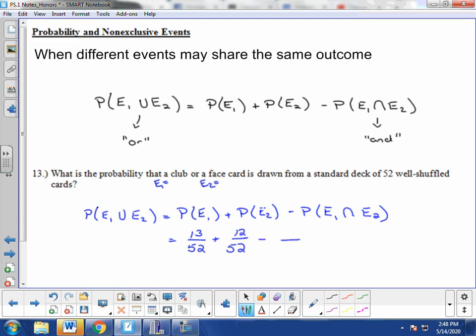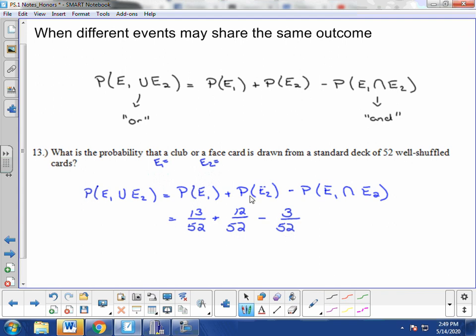Now, we do have to subtract the probability that this is a face card and a club. So how many face cards are clubs? Well, there's a jack of clubs, a king of clubs, and a queen of clubs. There are 3 that are both of these. So to find the true probability that we're going to have a club or a face card, we take the probability of the first event plus the probability of the second event minus the probability that it's both of these two things. If I simplify this, this would be 13 plus 12, which is 25, minus 3, 22 over 52.